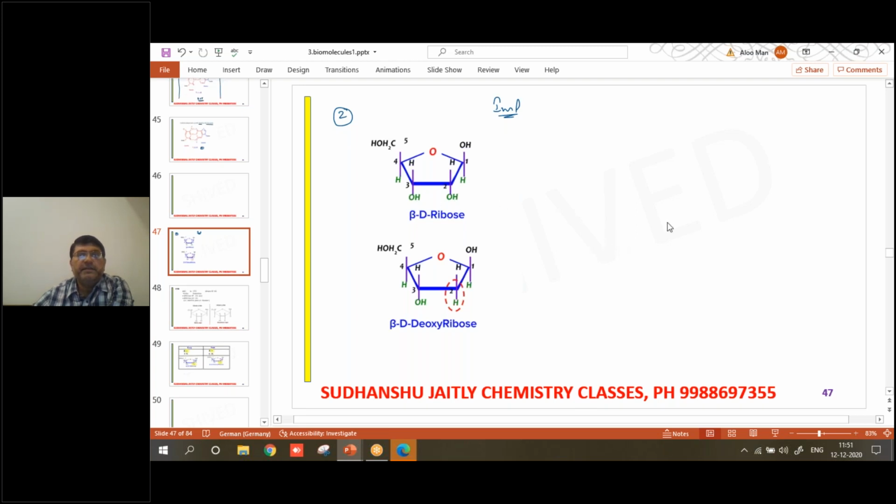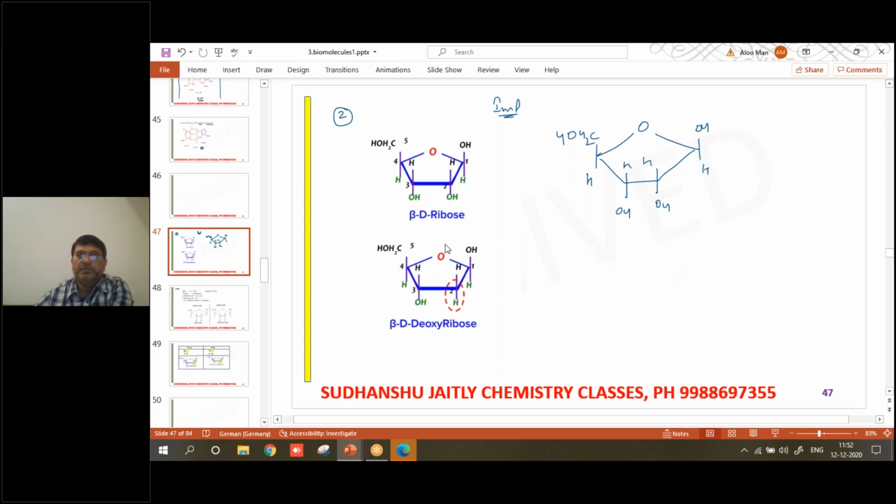This is the ribose sugar, a ribose pentagon. So here is oxygen, here we have OH, OH, OH, and here we have CH2OH. Wherever I haven't drawn, put hydrogen.